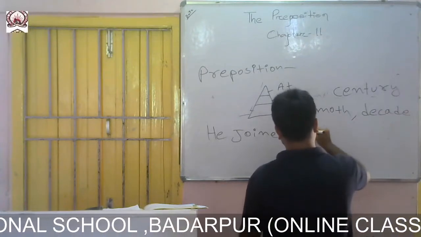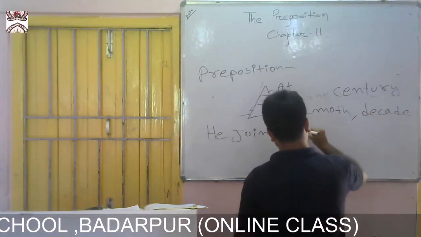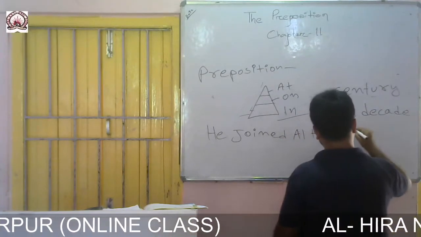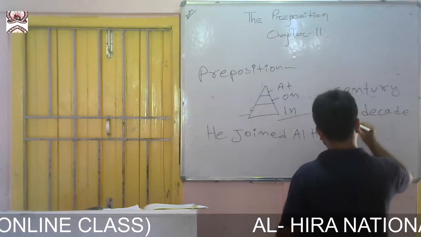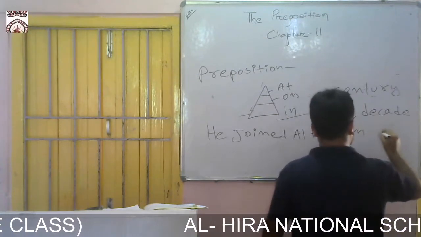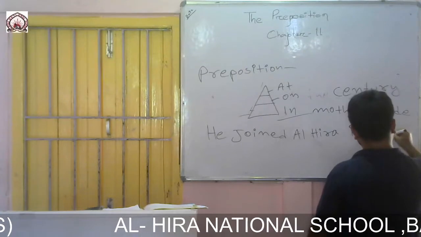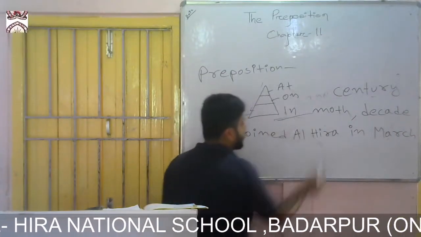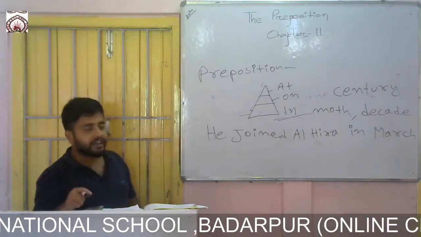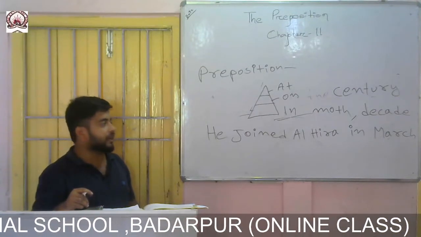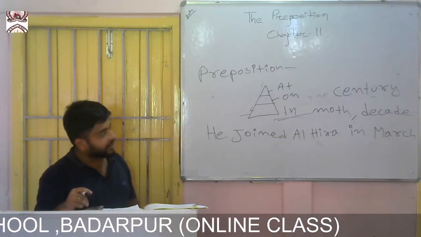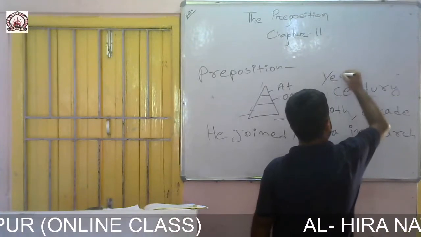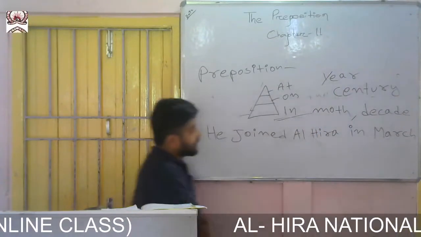He joined in March. So as I said you earlier, we have to use in to indicate largest time period like month, decade, century, year also. Year also you can use.